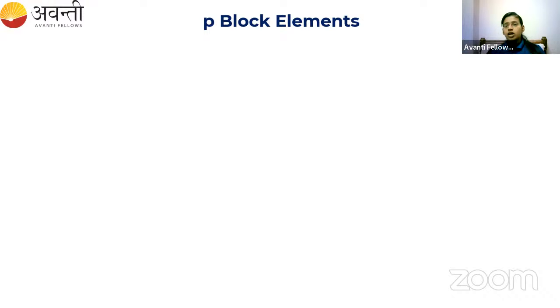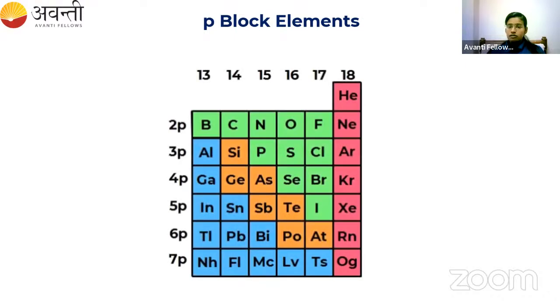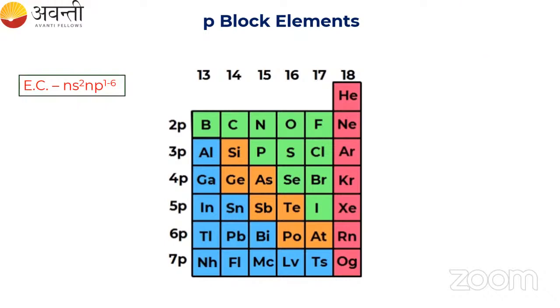The P block elements consist of 6 groups, from group 13 till group 18. The outermost electronic configuration for P block elements is ns2 np1 to 6. For the boron group, the 13th group, the outer electronic configuration is ns2 np1.